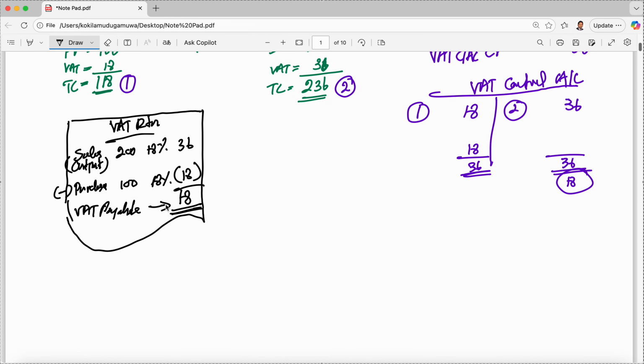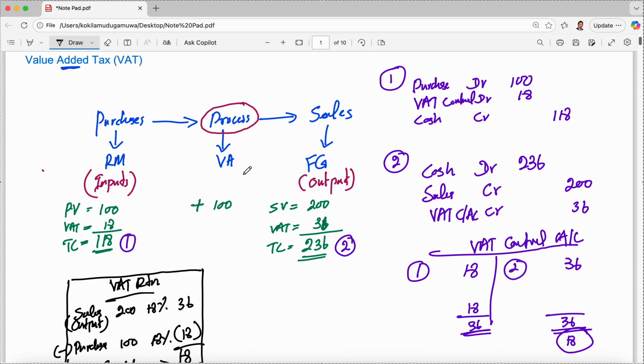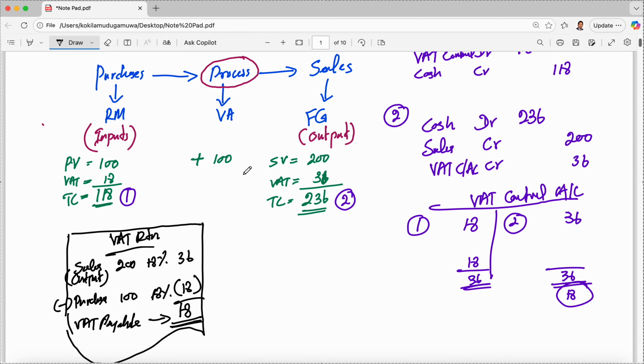This is the basic way of doing the VAT computation, right? Whatever purchases you made, you can take the credit if you are purchasing from a VAT registered person. If you are not purchasing from a VAT registered person, different scenarios come into play. I will discuss that very shortly.